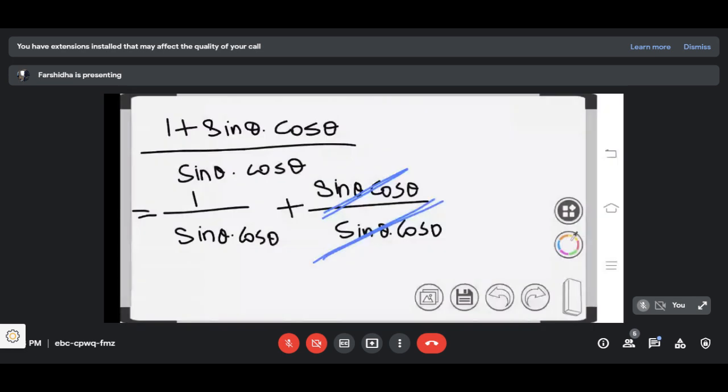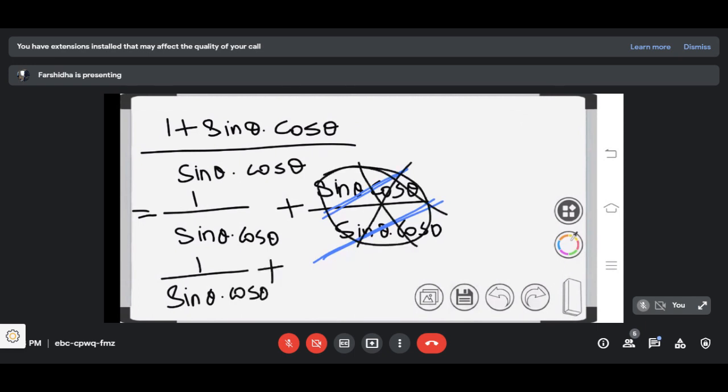So in the next step you can write 1 by sine theta cos theta plus, these terms got cancelled, so 1 is remaining, plus 1. So you got 1 by sine theta cos theta plus 1.